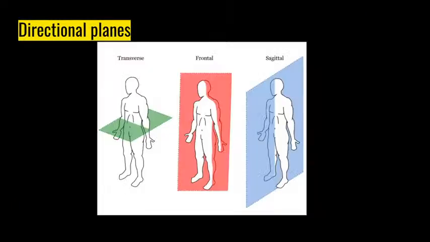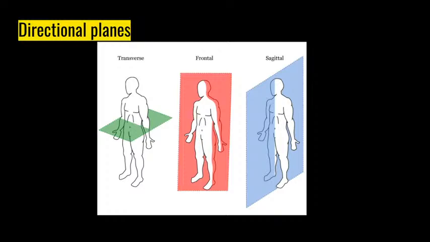Now, let's move on to directional planes. Human figures can be sliced in three ways for viewing the human body. Directional planes are used to describe the location of parts when imaginary or real cuts are sliced through the body. A sagittal plane cuts the body lengthwise into left and right sections.